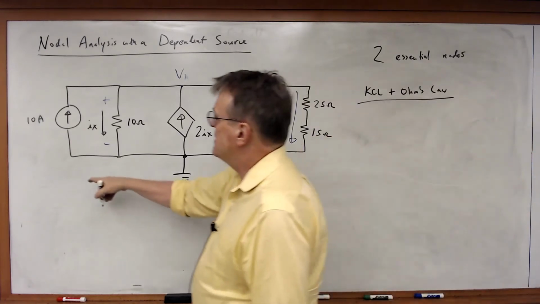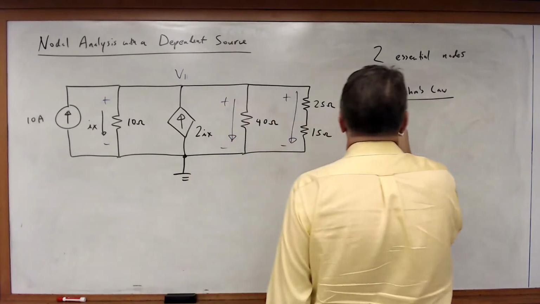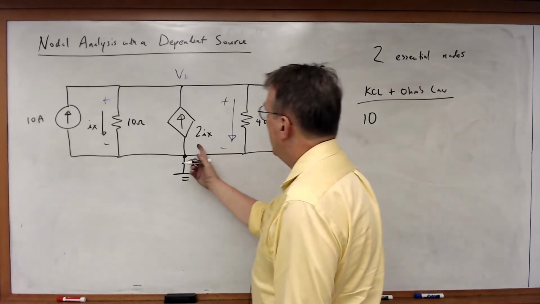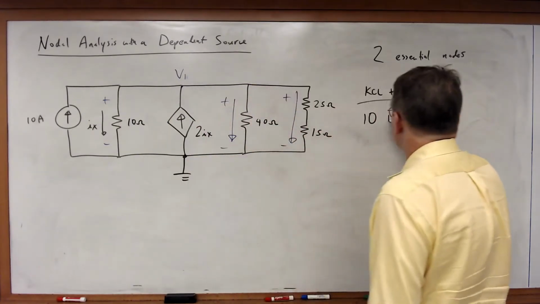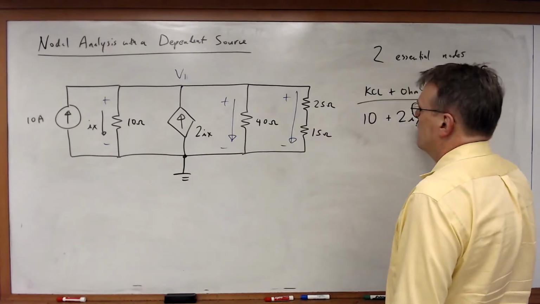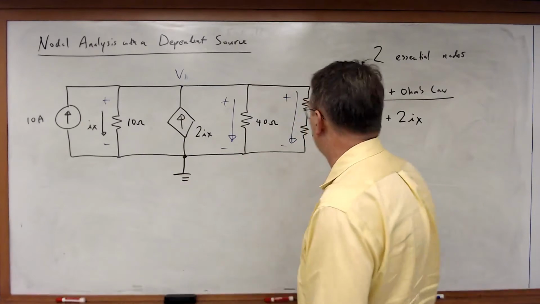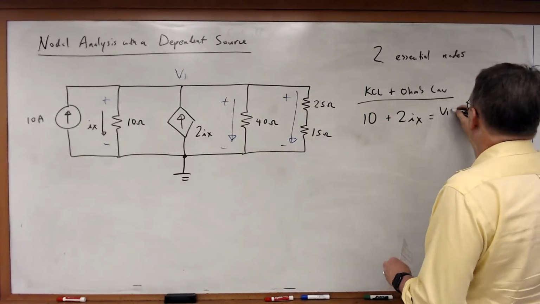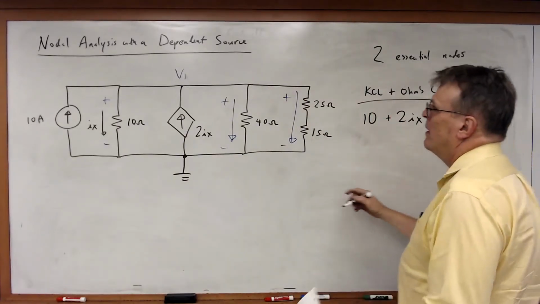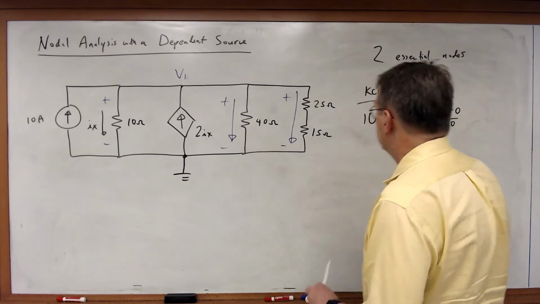And in this case, 10 going in and 2Ix going in must be equal to (V1 minus 0) over 10 plus (V1 minus 0) over 40.